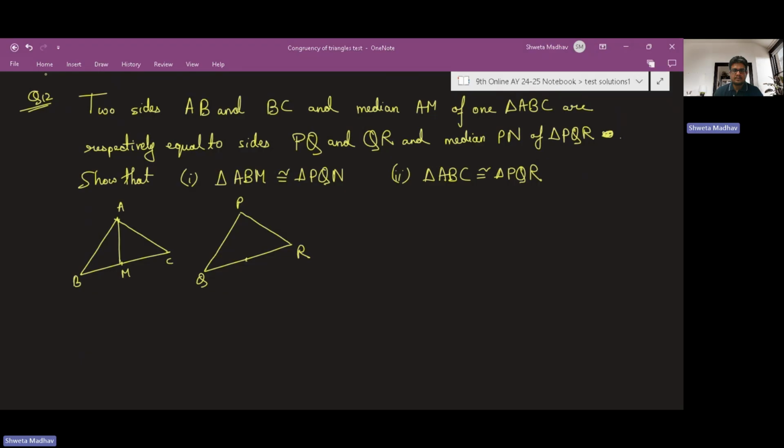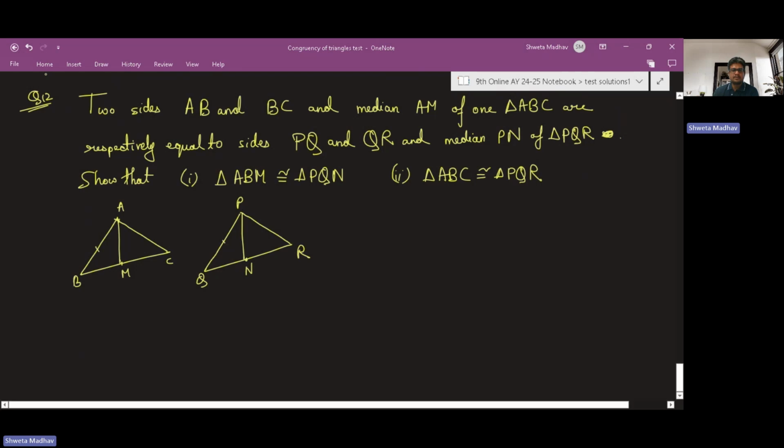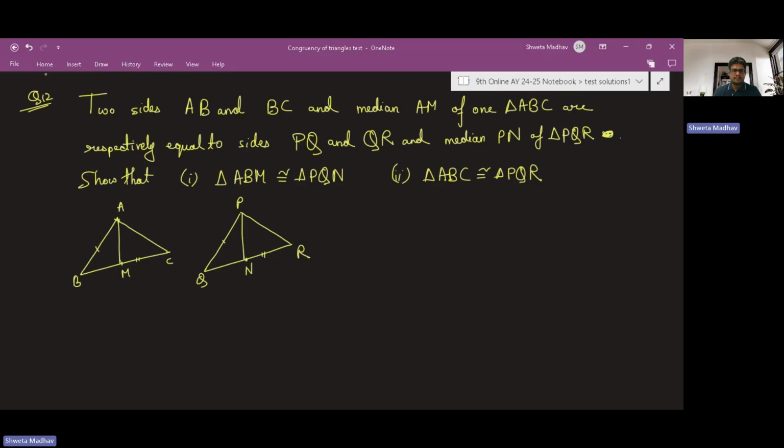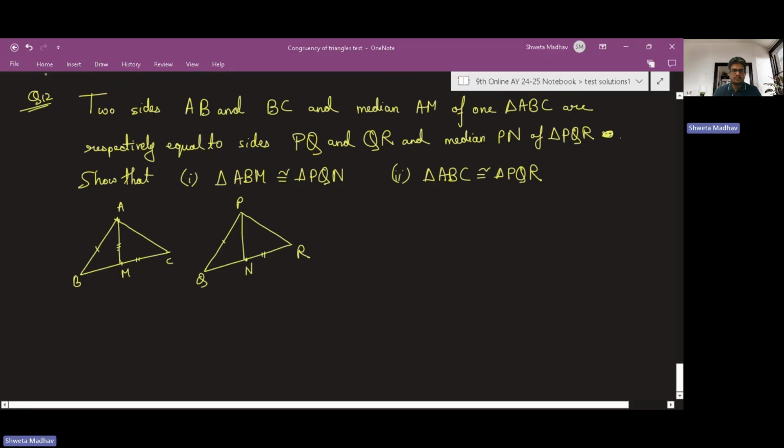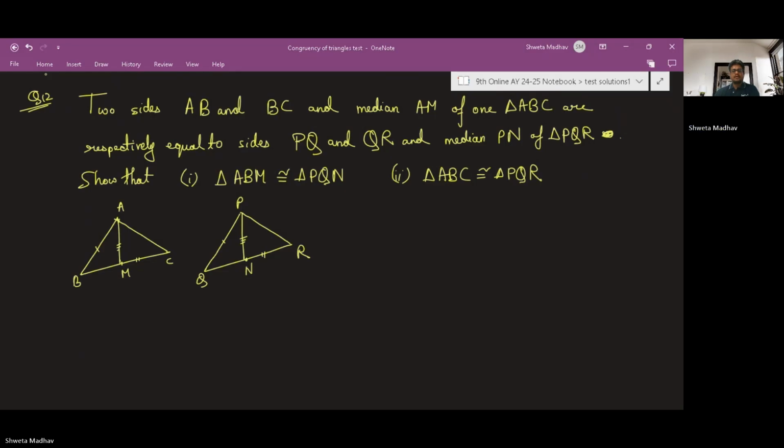Similarly, N is the midpoint of QR, so PN is the median of triangle PQR. So here it is given that AB is equal to PQ, BC is equal to QR, and AM is equal to PN.